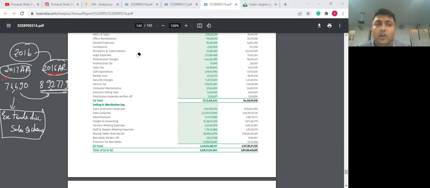So let's cross verify: if we were to subtract this sales scheme figure from the reported revenue of 2016 in the 2016 annual report, do we get 2016's revenue reported in the 2017 annual report? Hope that is clear. If you don't really understand, let me quickly repeat.